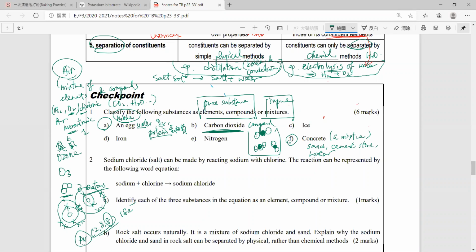How about the other compound found in these 6 examples? H2. H2 is a compound? No, H2 is an element. How about ice? H2O.